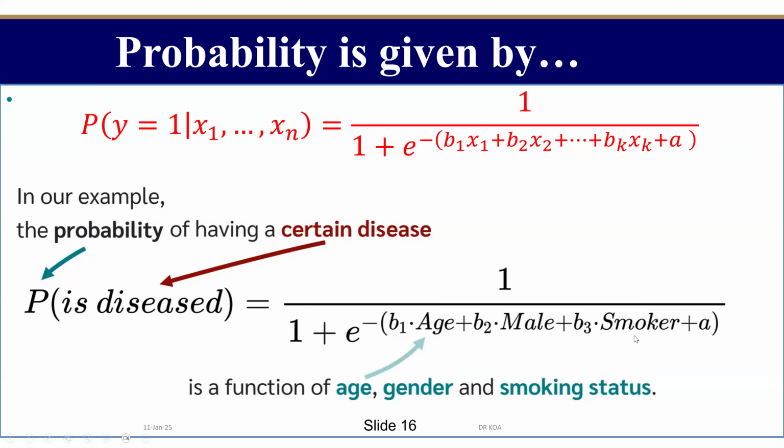And then smoking. Now, remember that the independent variables, some of them can be numerical, like age. Age is numerical. Some of them can be categorical, like sex type. And some of them can be categorical or dummy, like smoking state. So this is a formulation of this model.